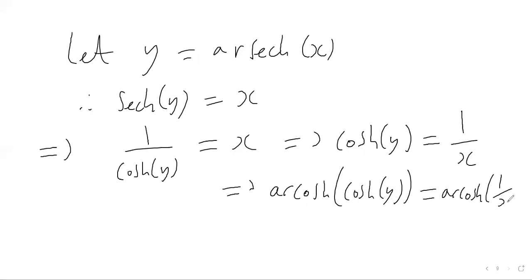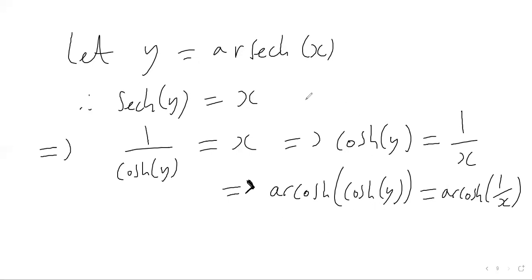So you may be thinking, okay, well, surely this left-hand side there just goes to y because arcosh and cosh are inverse functions. So actually it does, but we can't just be immediately so bold and just assume that. And that's because this y there is not a variable. This y is a function. So we've got a function of a function.